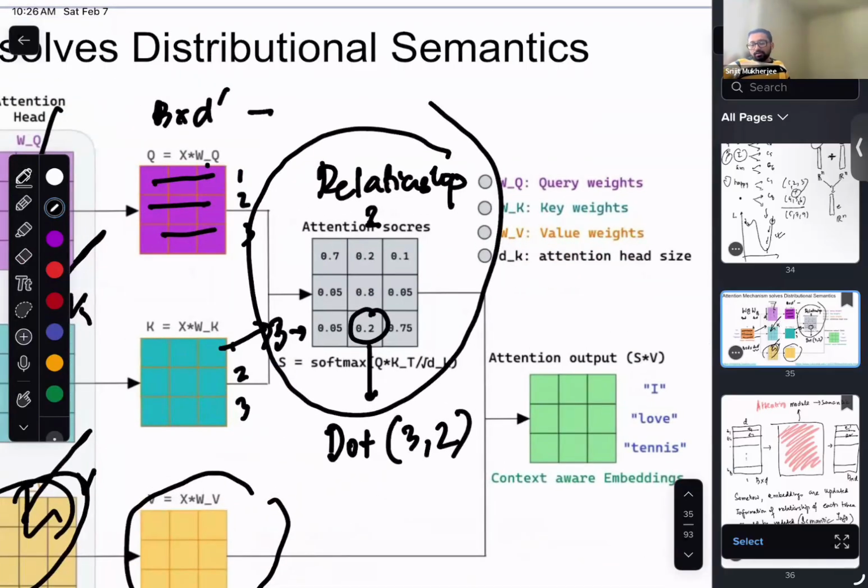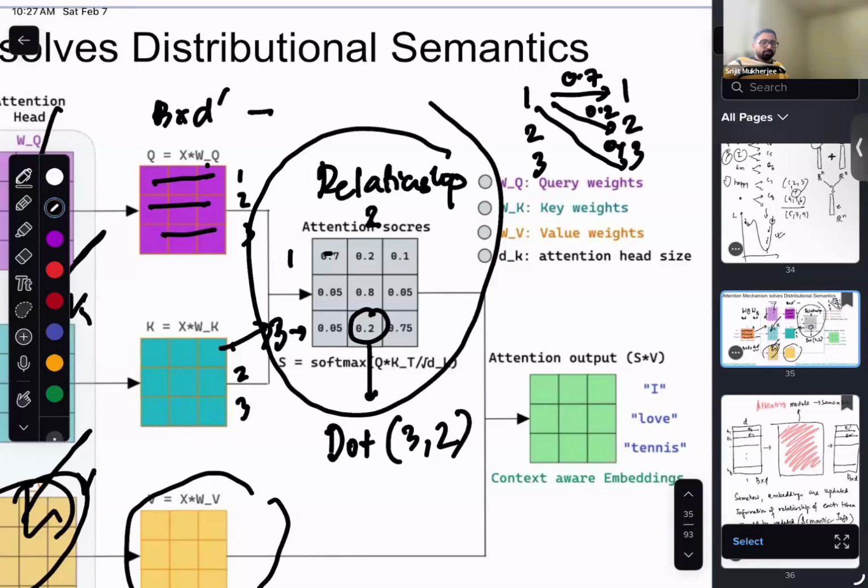And now the relationship is done. So what does this attention score give you? This is 1 2 3, this is 1 2 3. The first row tells you that 1 has the most probability of going to 1, so it's 0.7. Then 1 has 20% probability or relationship to 2. And then 0, this is the first row.